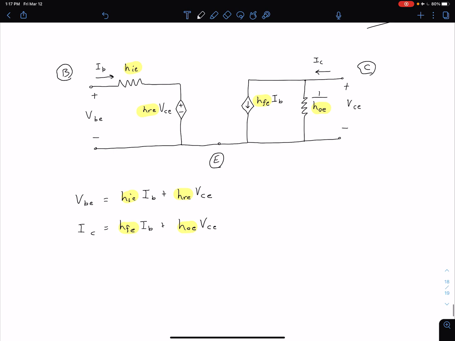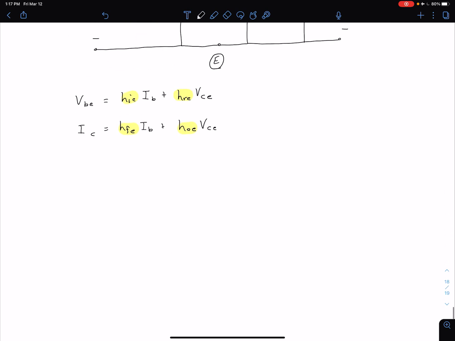Primarily that's going to be our R pi, our diffusion resistance, but to be more complete, HIE is equal to, remember there's that RB, that really small value of our base resistance, plus our R pi in parallel with that R mu, which we said was really large, typically megaohms. If that's true, the R pi dominates that parallel connection, yet it's still larger than the RB, so we say that this HIE is approximately our diffusion resistance R pi.